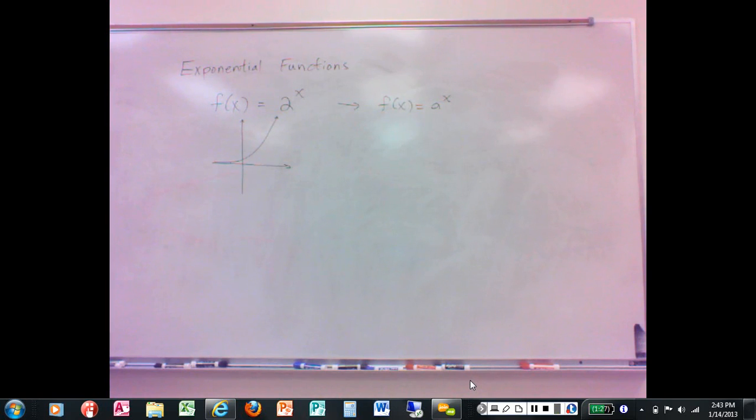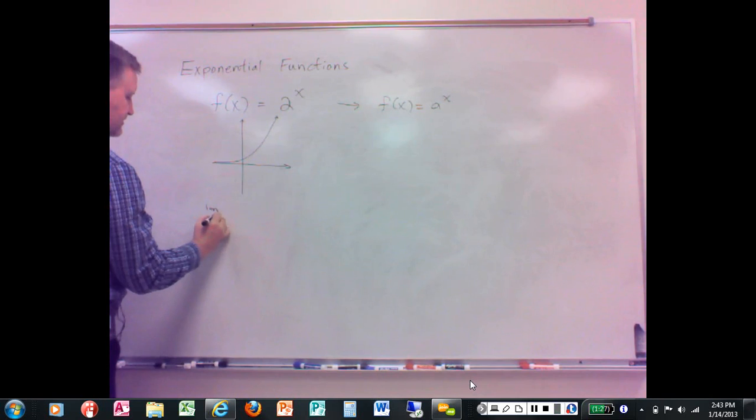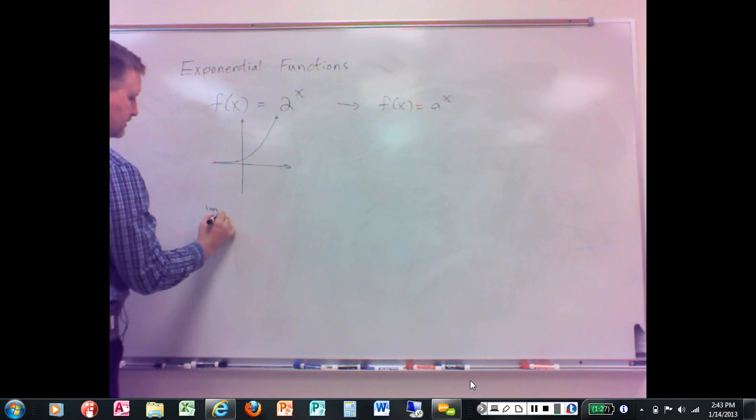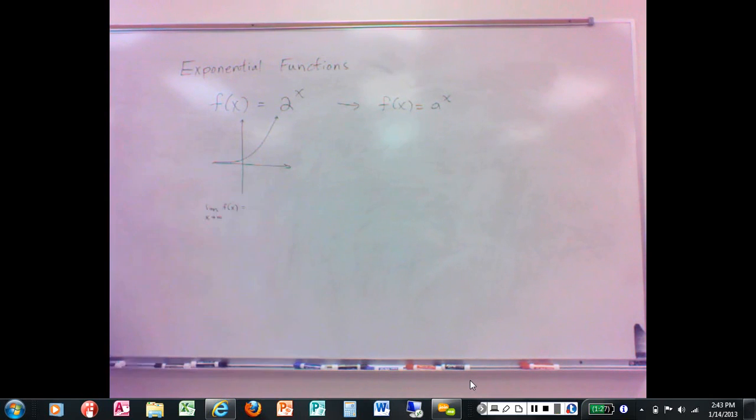You graph that. And again, just for some notational reminder here, we haven't reviewed the limit stuff. If I say to you, what's the limit as x approaches infinity of my f of x? That's infinity.